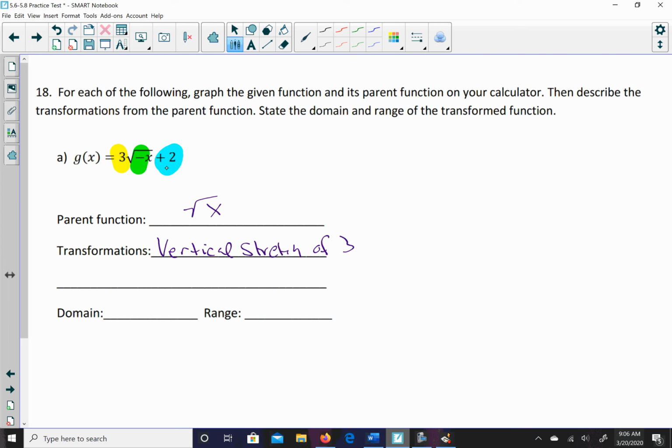This negative is inside with the x, so I know it's going to be a reflection. That's going to reflect it over the y-axis. And then the last thing is that 2, since it's outside, is also going to be a vertical change, and it's going to move my graph up 2.